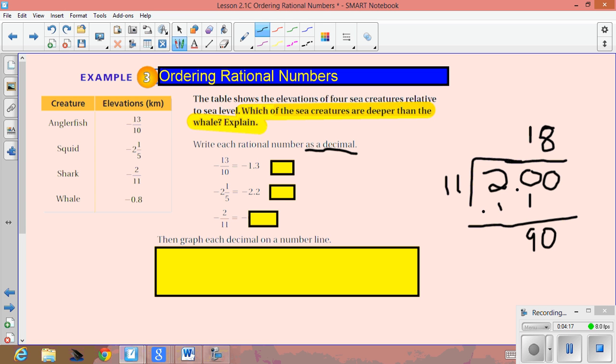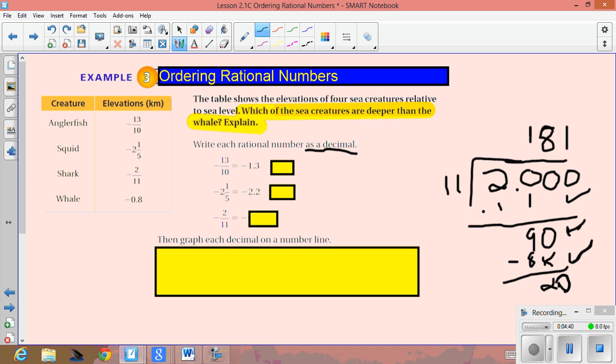8 times 11 is 88. 2 left over. Add a 0 and bring down. 11 goes into 20 once. And if you notice, we're going to start repeating what we have over here. I'm going to get 11, subtract, I'll get 9. So all of this is going to start repeating. And if you don't believe me, go ahead and continue.